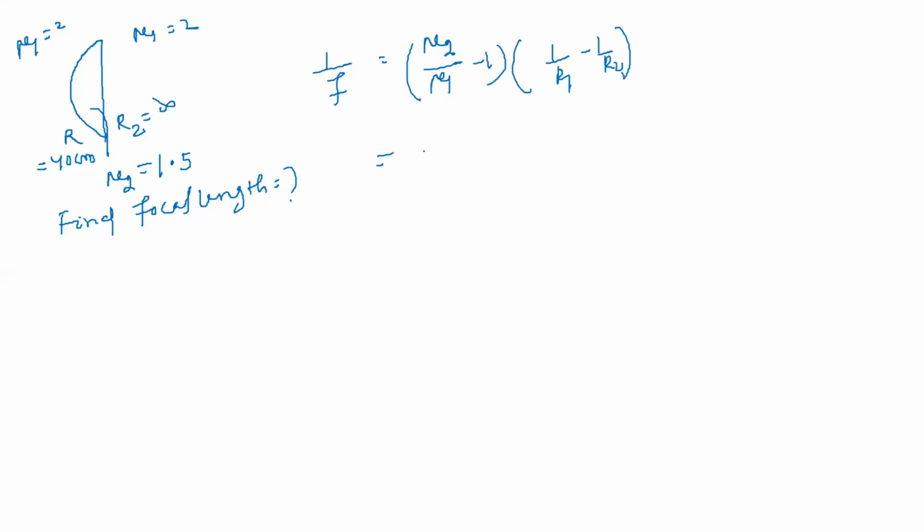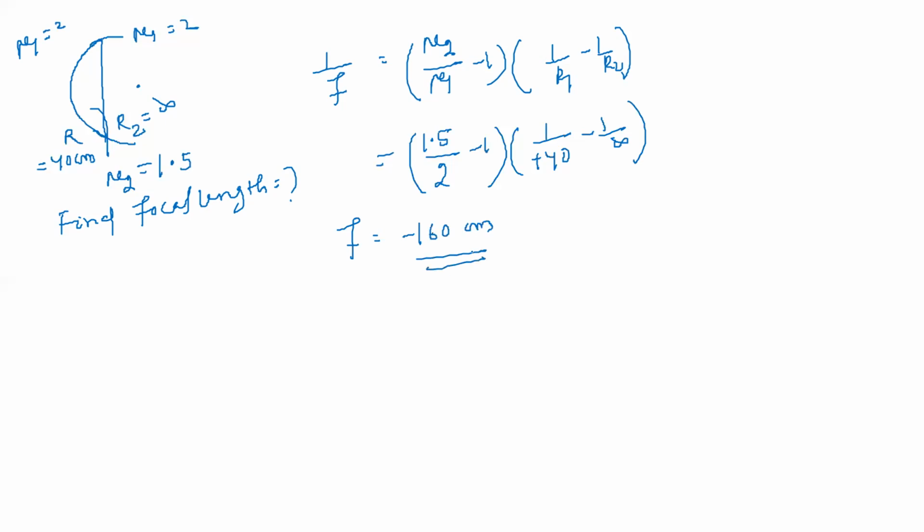So mu2 is 1.5 by 2 minus 1, whole, into 1 by R1, 1 by 40 plus 40, because this is the part of this, students, yes or no? So this side its center of curvature will be on this side, so that's the right side, positive. 1 by 40 minus 1 by infinity, and 1 by infinity is 0. And solving, you will get how much? F is equal to minus 160 centimeter. So this is the focal length of the system.